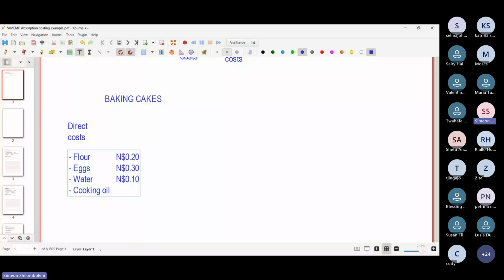Cooking oil for one cake costs 20 cents. Then we get the prime cost for that one cake. If we add together 30, this is 50, 60, 80 cents. Your cake will cost 80 cents. Do we understand up to here? The direct costs.